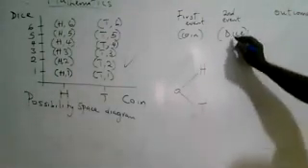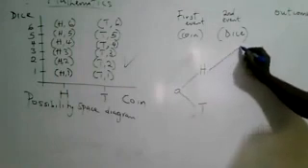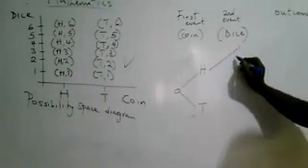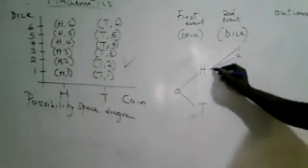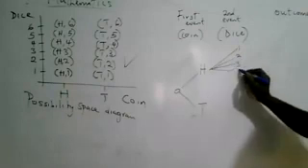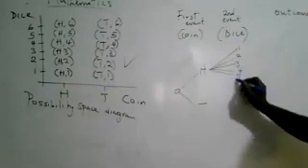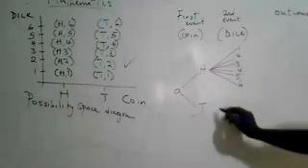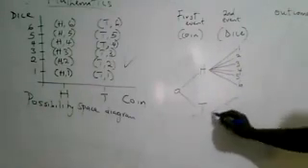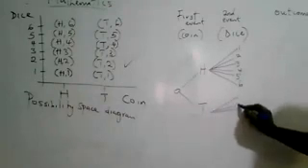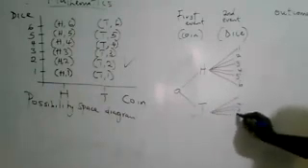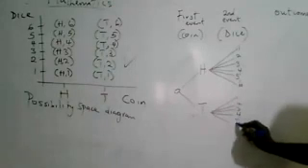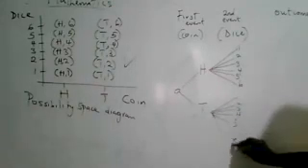Now, from my second event, which is the die, I can get 1, 2, 3, 4, 5, and 6. The same thing here: 1, 2, 3, 4, 5, and 6.